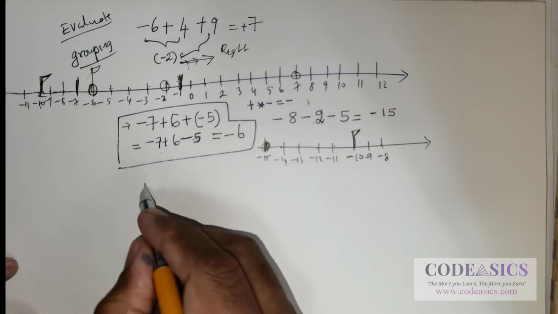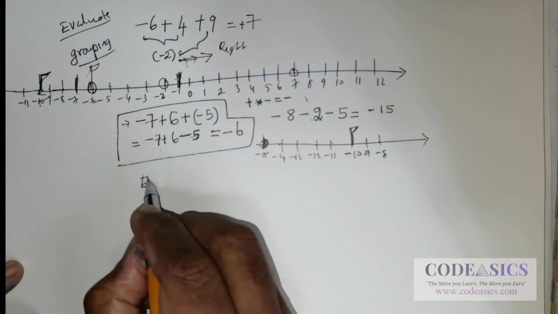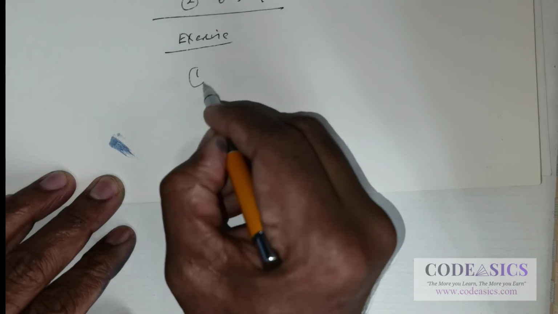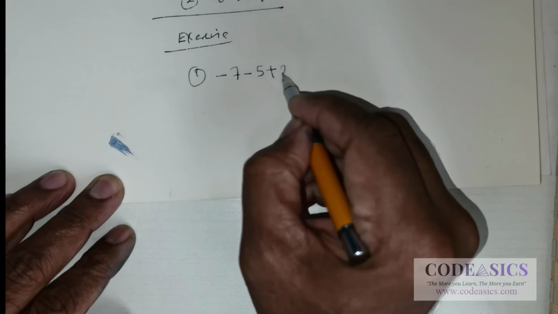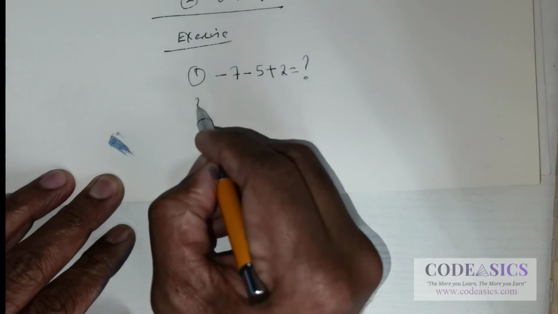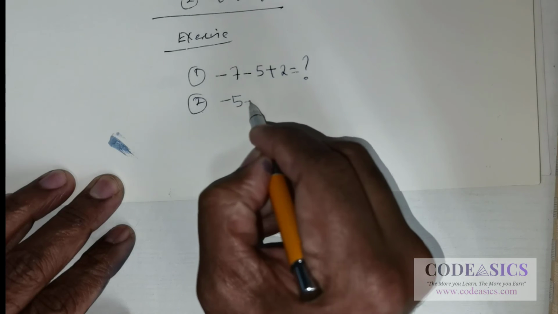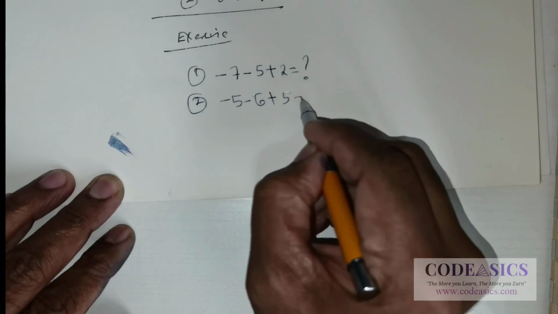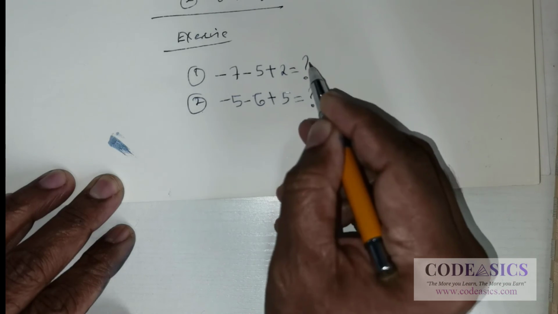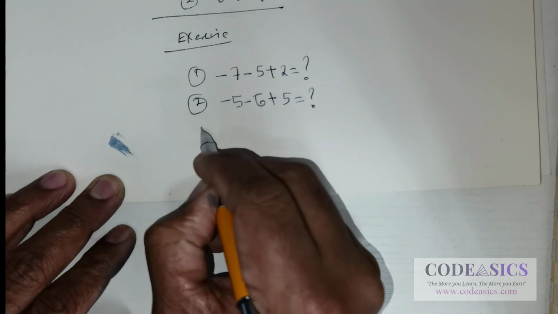Now I want you to try the following questions out. Question 1, negative 7, negative 5, positive 2. Question 2, negative 5, negative 6, positive 5. You have to provide the result, right?